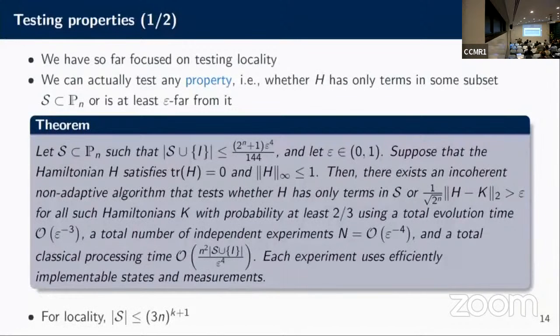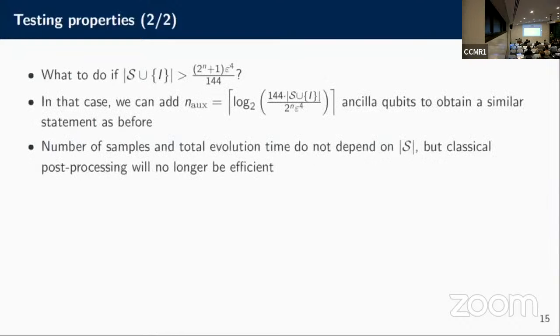For locality, the set would be fairly small, so in the end the size of the set appears, for example, in the classical post-processing time. All the rest is really the same. And if the property S is too large, you can use ancilla qubits, and then everything still works. That's maybe not so important.